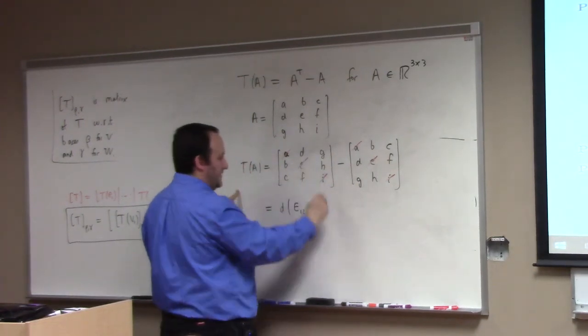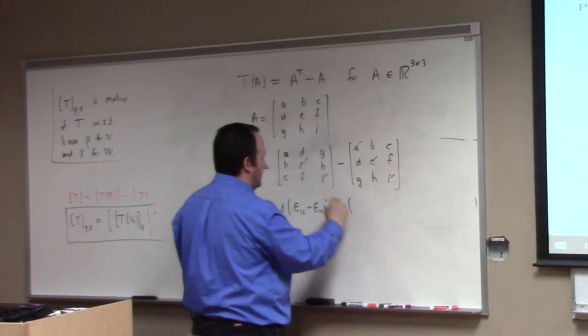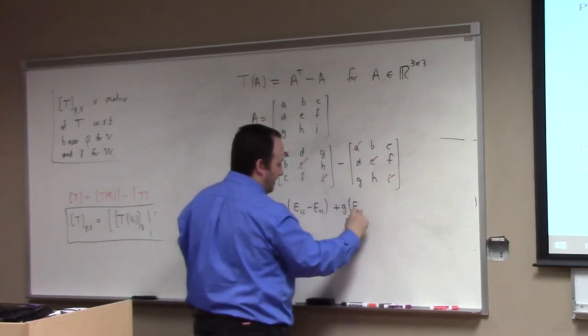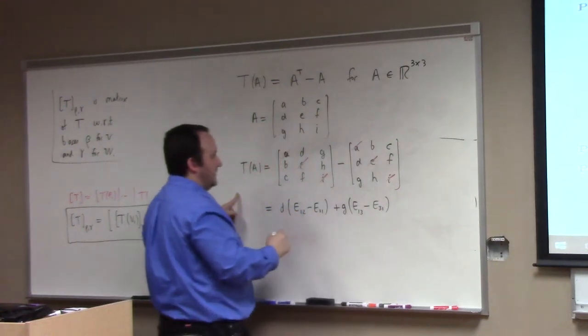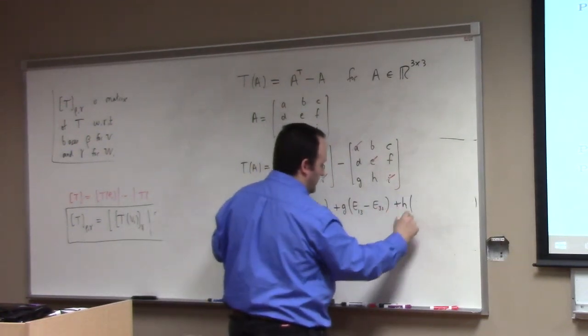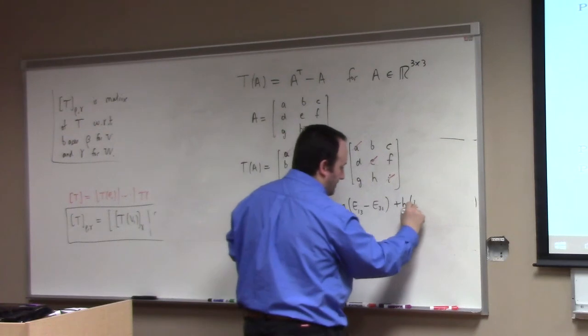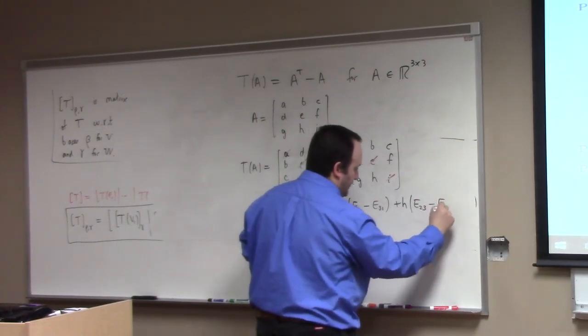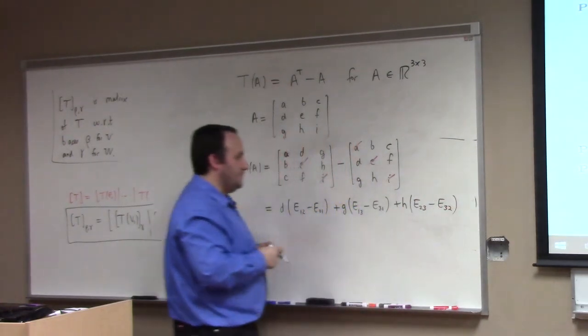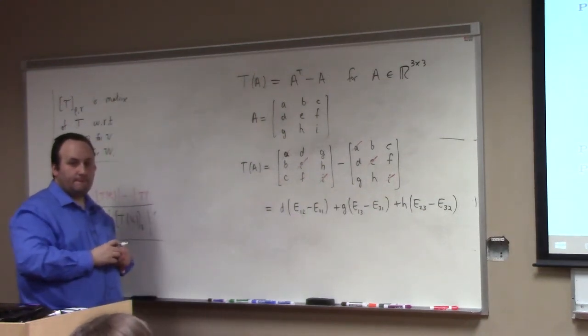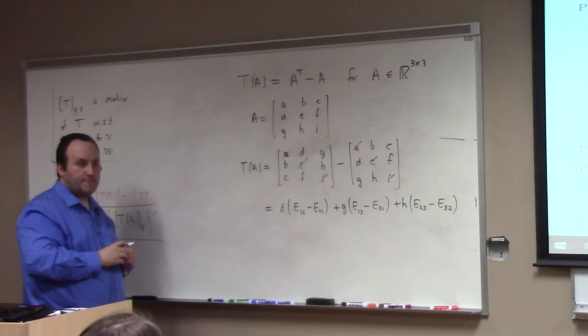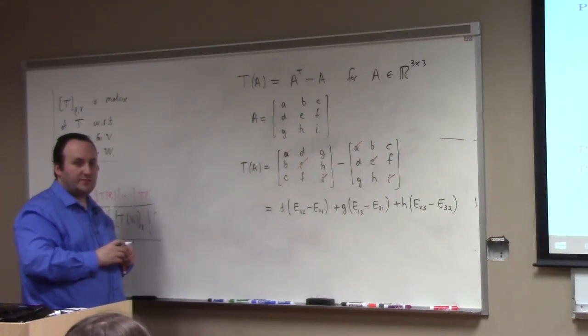And plus G times what? Times E13 minus E31, plus H times E23 minus E32. And that's it, right? So what's the kernel and what's the range here?